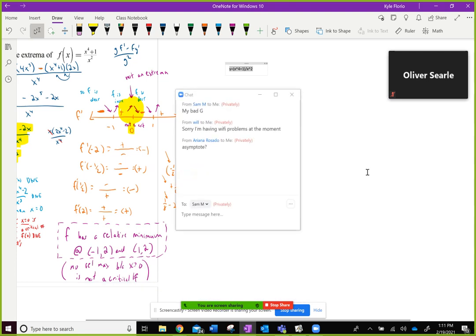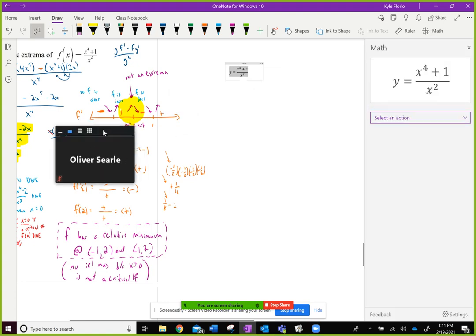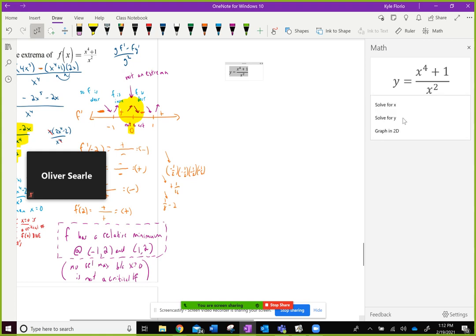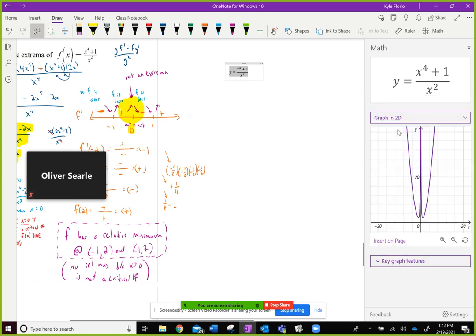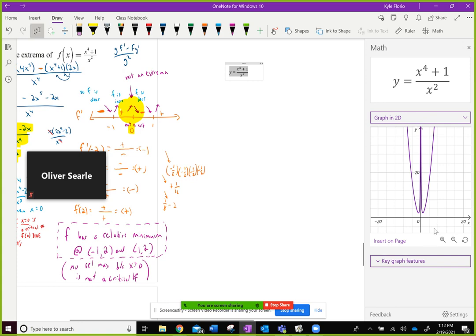Oh, the chat's blown up. Love it! Someone hit the nail right on the head. You could have an asymptote there. And at an asymptote, you're not going to have a relative max or a relative min. This is going to be a tough graph to see, but this is what the graph looks like.